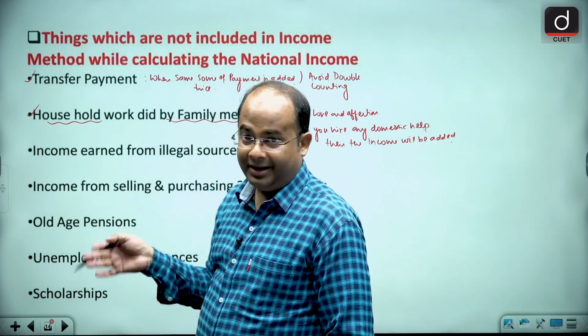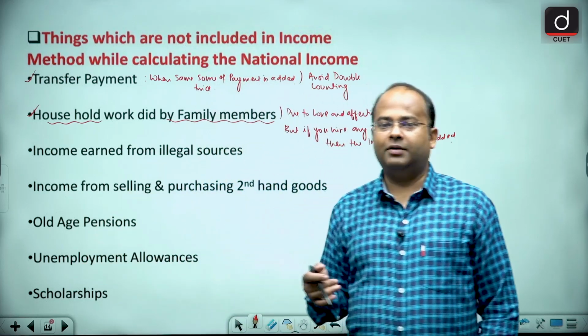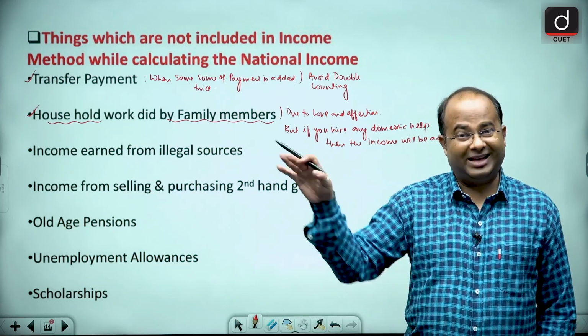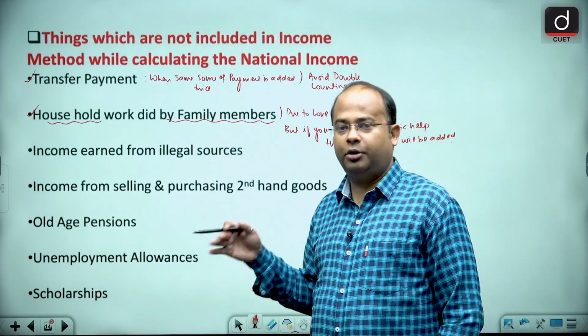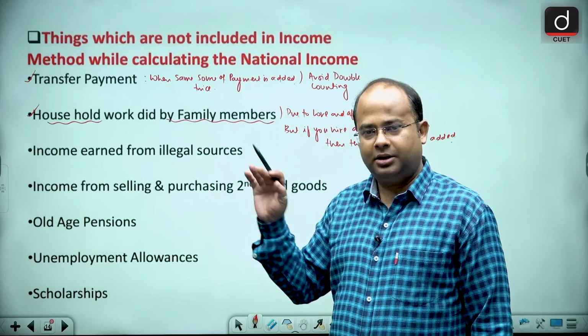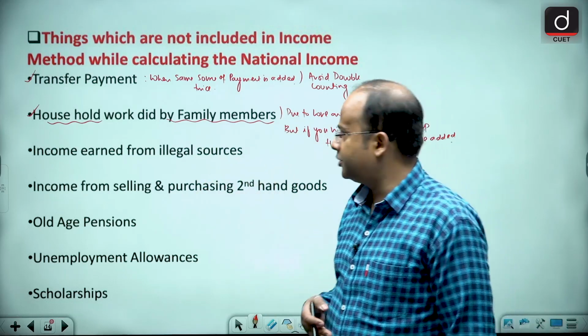So if you hire any domestic help, then whatever money you are giving to them will be added in the national income, because they are rendering you services. They are not doing it just for love and affection.